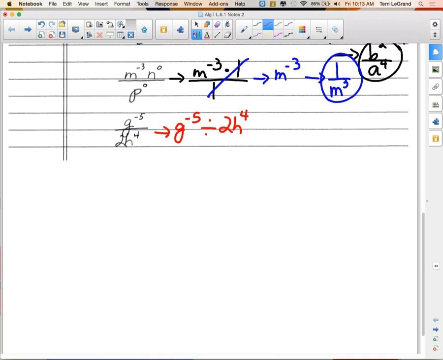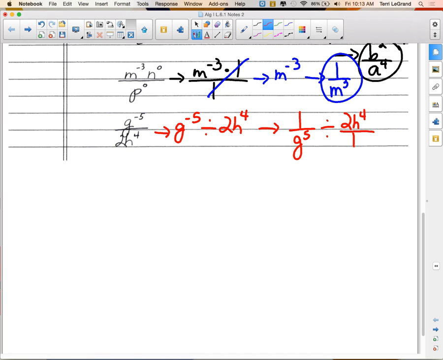Yes. What are we going to simplify it to? 1 over g to the 5th divided by, does 2h to the 4th need to be simplified? No. But since we've got a fraction now, let's make that one into a fraction.